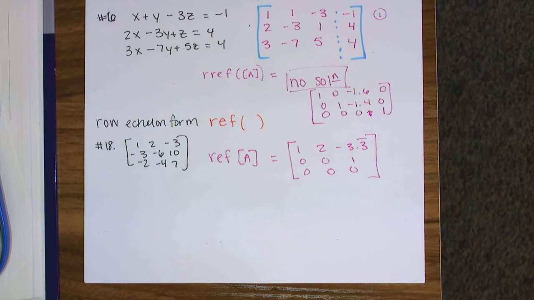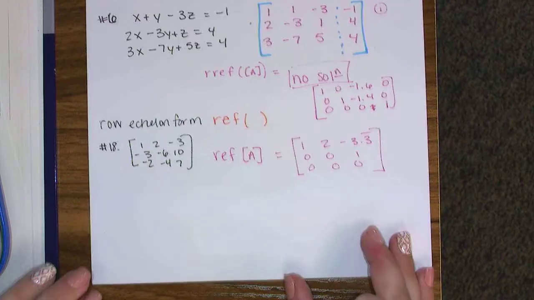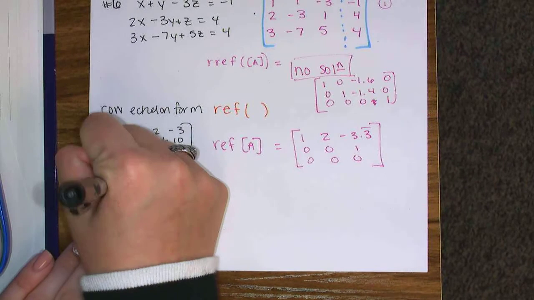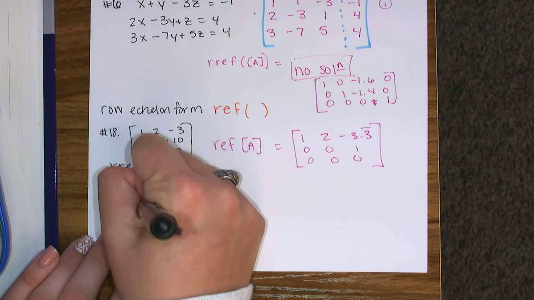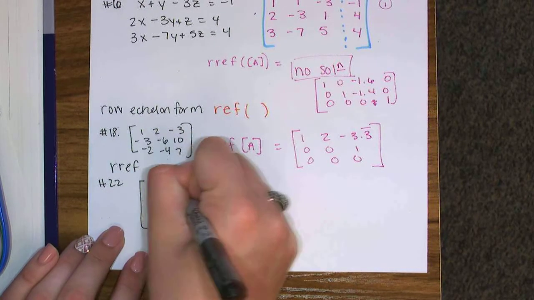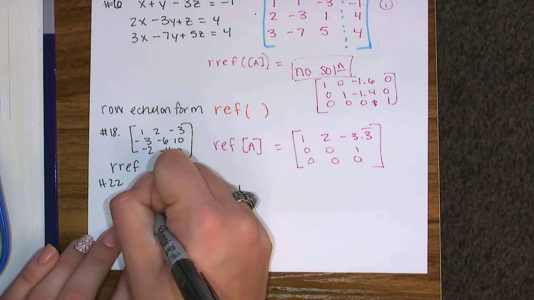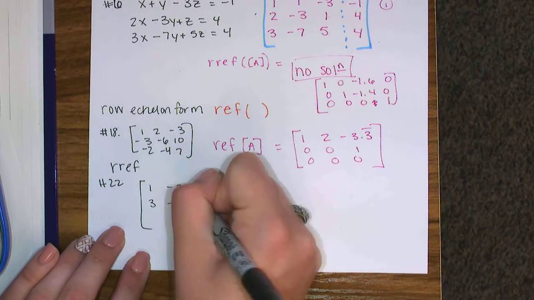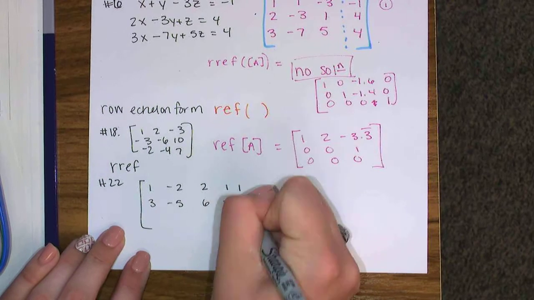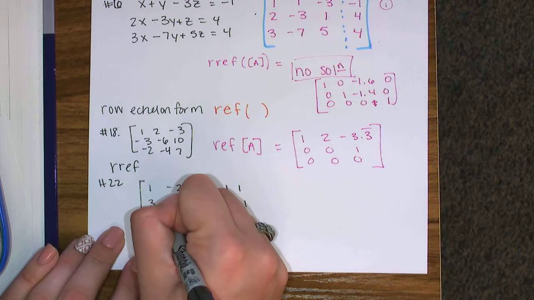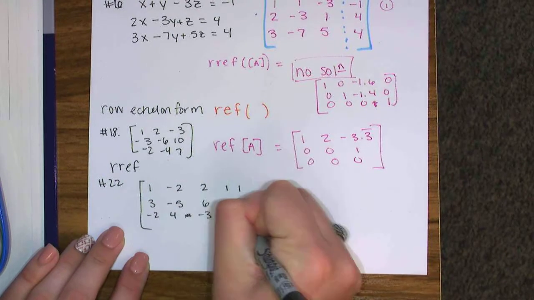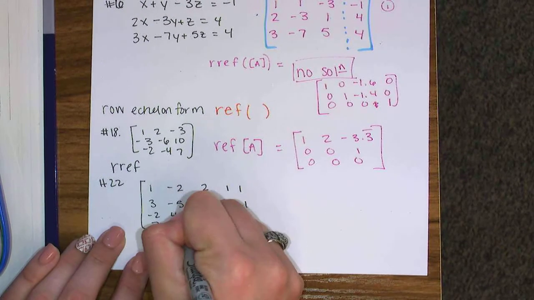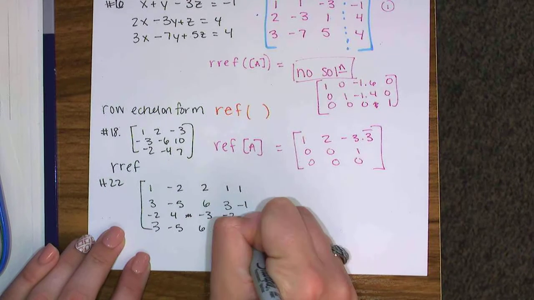Finding the row reduced echelon form, let's do 22. It's kind of a big one, so just to see what that looks like. So 22, we're back to RREF. So it is 1, -2, 2, 1, 1, 3, -5, 6, 3, -1, -2, 4, -3, -2, 5, 3, -5, 6, 4, -3.